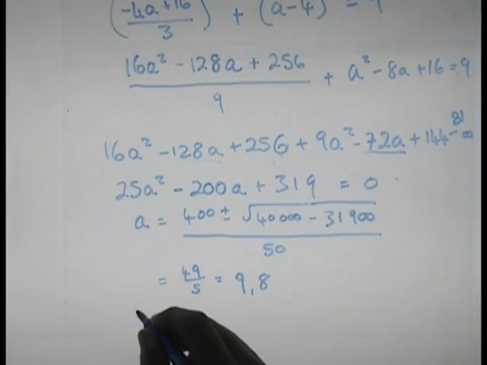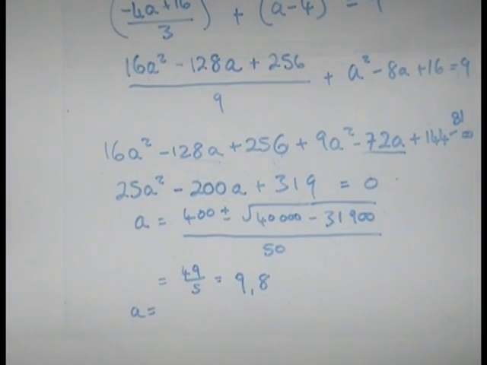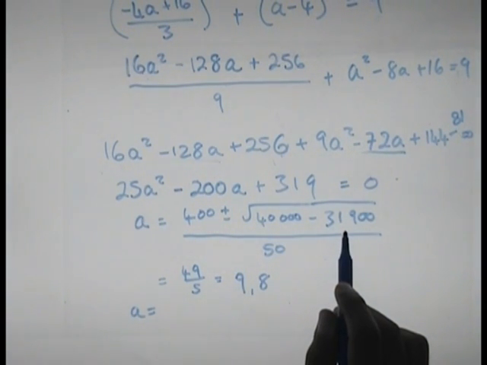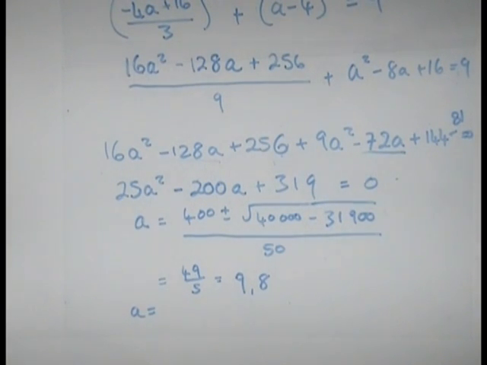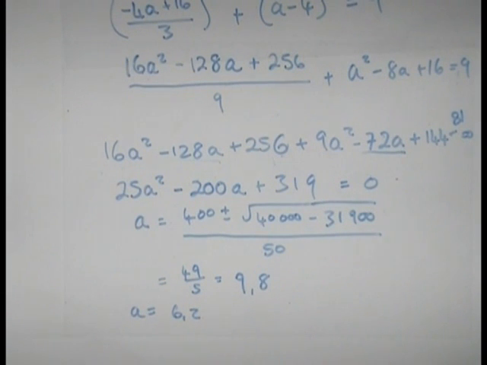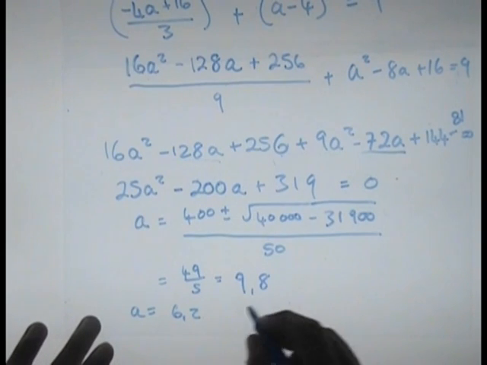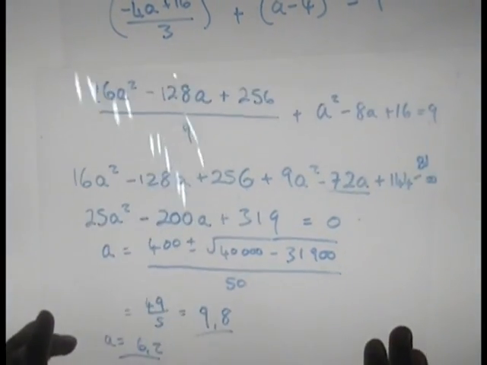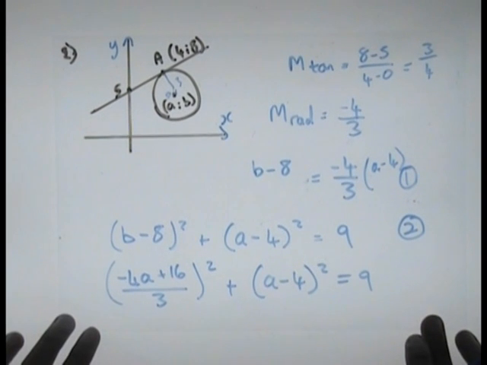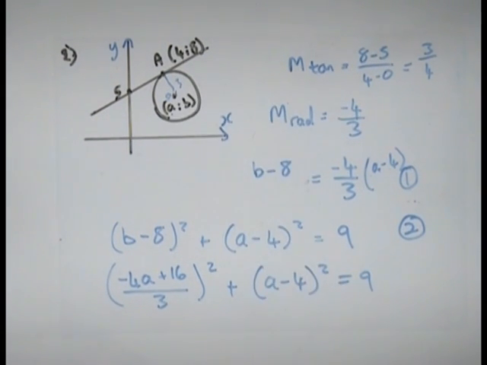The other option is going to be 400 minus the square root of all of that divided by 50, which is going to give me an answer of 6.2. So I've got two possible A values, 6.2 or 9.8. Both of them are valid. Both of those A values are valid for the coordinates of the center of the circle.